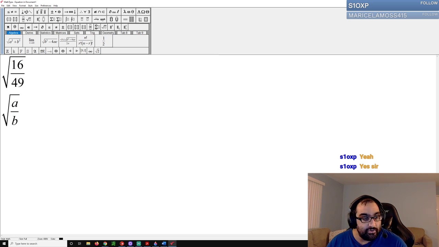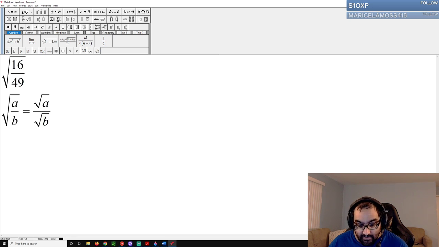Let's say you have the square root of a over b. They could be any two numbers you want. What's very convenient about roots, in this case square roots, though this applies to any root, is that you can split that up into two roots. So you can have the square root of a divided by the square root of b.